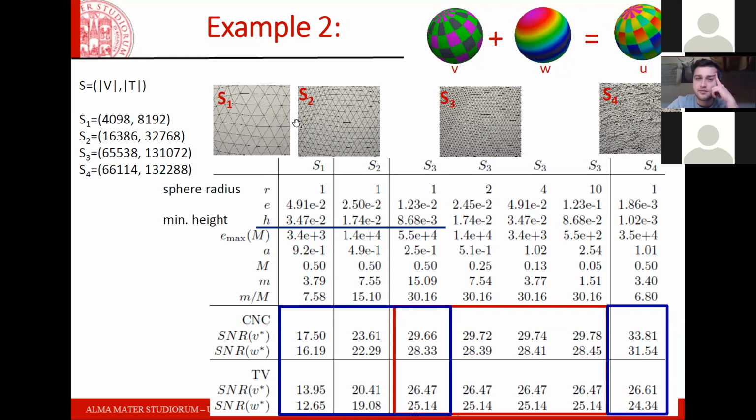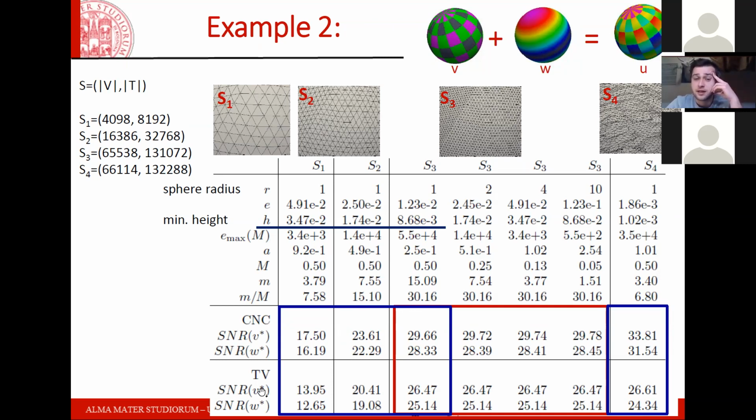In fact, for decreasing h, which is the height of the triangle, the ratio between small and capital M, so the maximum smooth gradient and the minimum non-zero gradient for the piecewise constant component, increases. And while having the same triangularization, but just enlarging the radius of the sphere, this ratio is preserved.